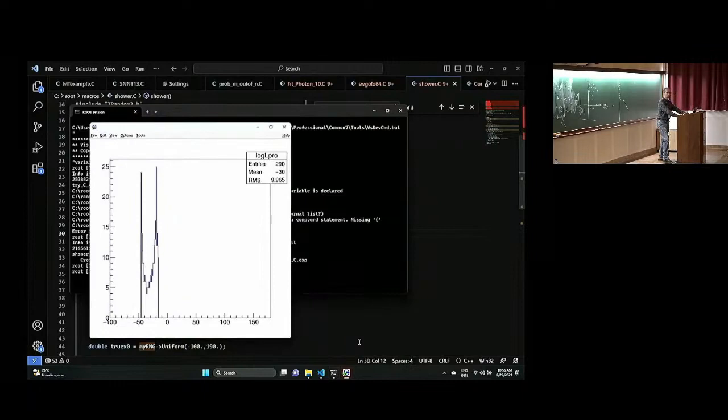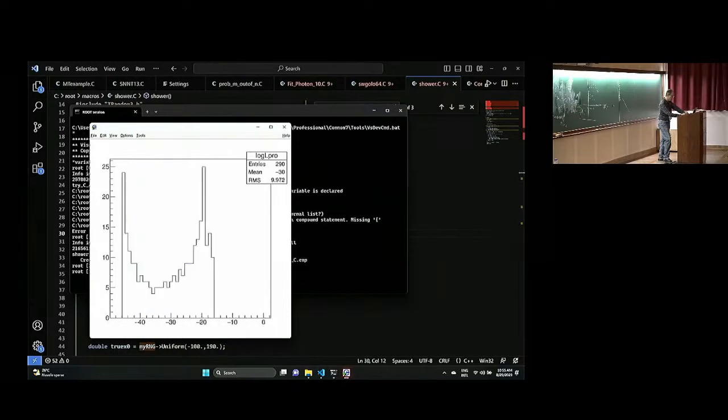Okay, so here is your likelihood profile. I don't know why it works this way, because it looks like it's parabolic here, but then it has some weird behavior. So we'll have to fix it.